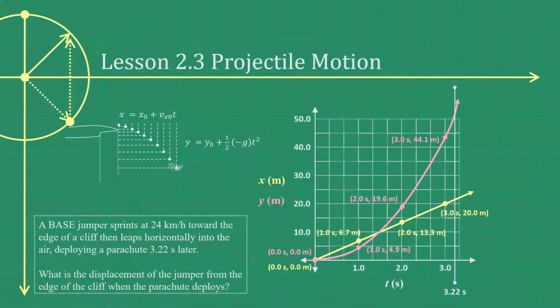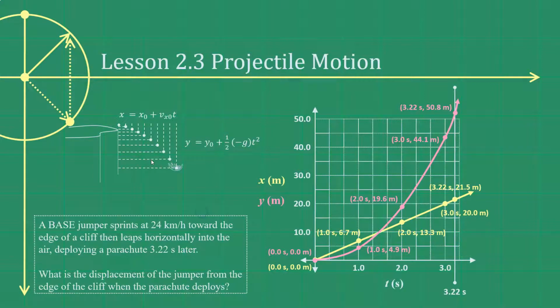For the horizontal dimension, I find that the object at 3.22 seconds is at 21.5 meters horizontally, and then vertically, I find at 3.22 seconds, when I plug that value into my function, I get 50.8 meters vertically. And actually, remember, it was negative 50.8, but now I've redefined my y dimension so that downward is positive.